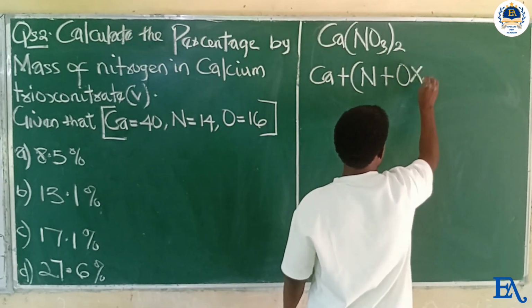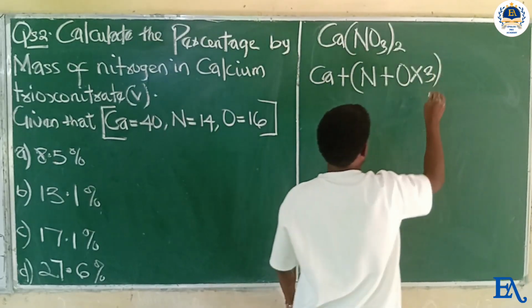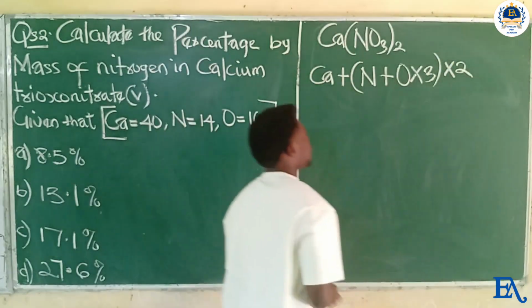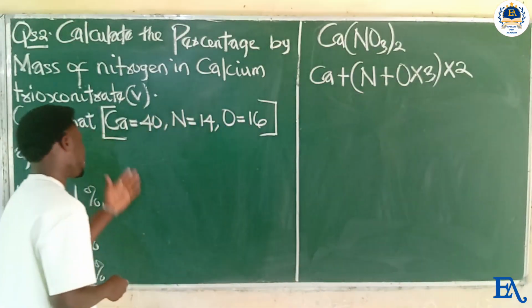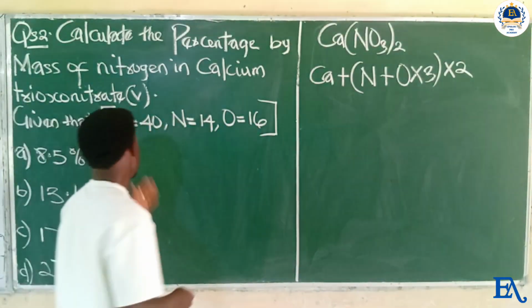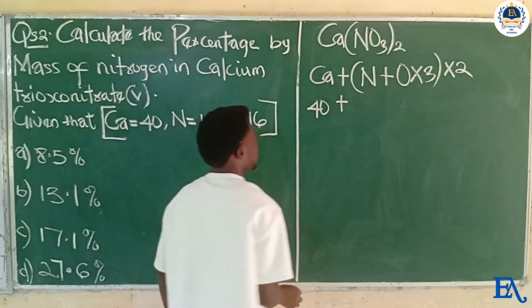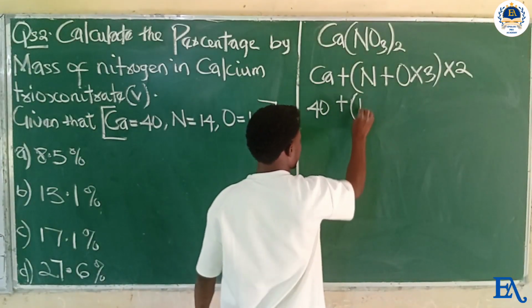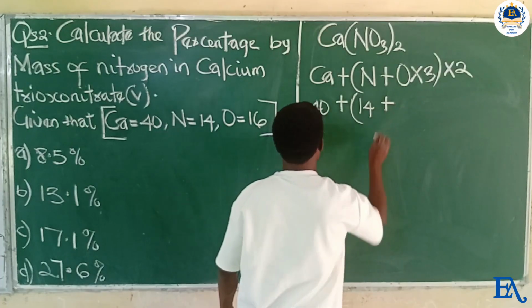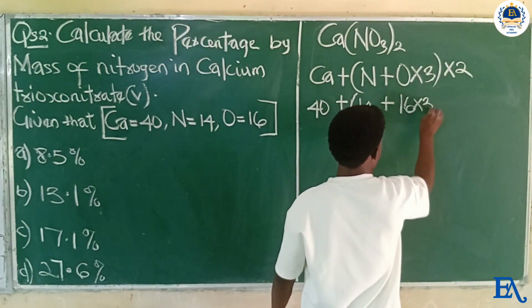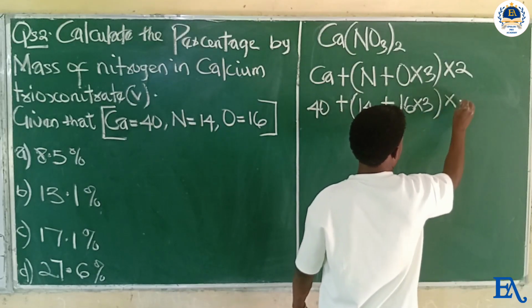We are going to multiply this by the O. So we have this times 2. Alright, the next thing is to substitute the masses into this. Calcium is 40. We have 40 plus nitrogen is 14, 14 plus oxygen is 16, 16 times 3, times 2.